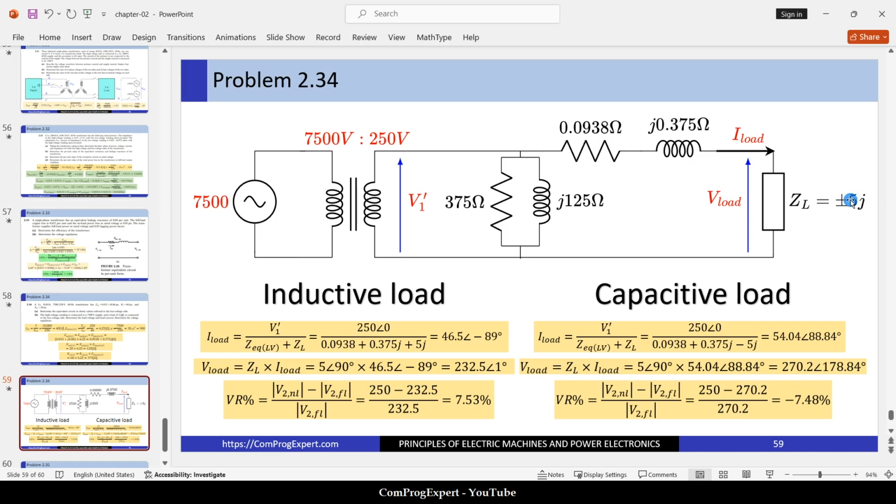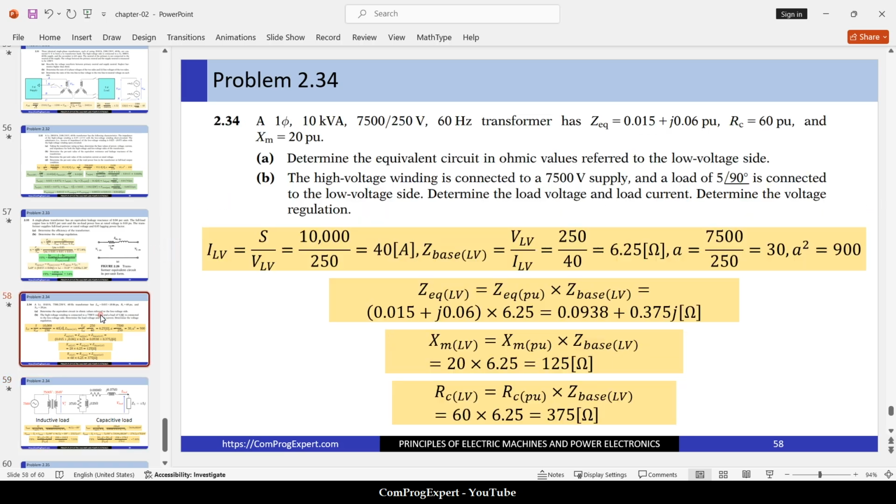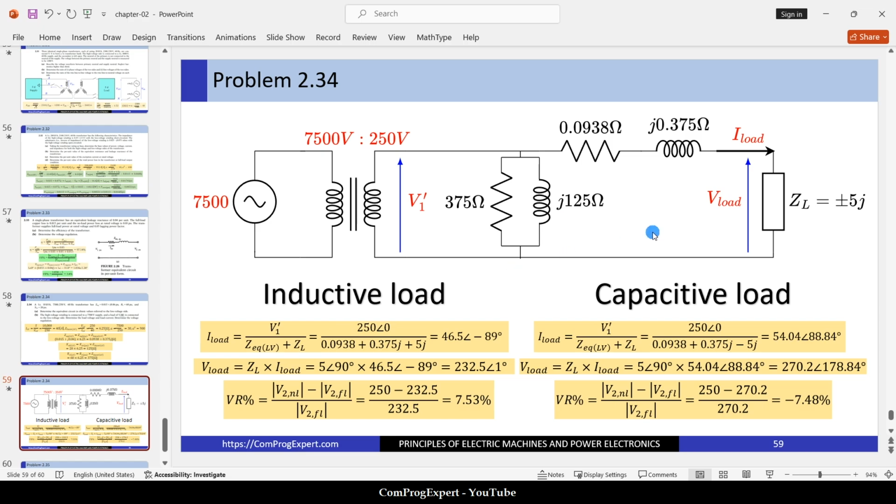The amplitude of the impedance is given, 5, but we don't know whether this load is inductive or capacitive, right? It is not mentioned in part B. So I solved this problem for both cases, considering an inductive load or a capacitive load.